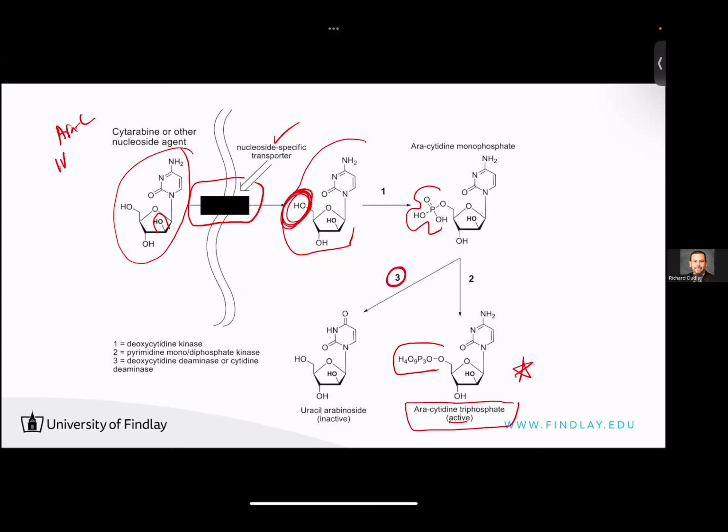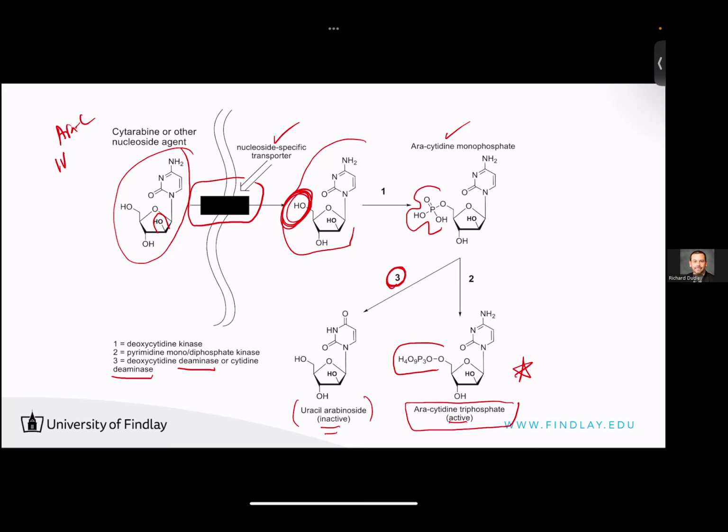Alternatively, there is one pathway that Ara-C can take. And if we allow this drug to have any affinity for deaminase enzymes, right? The deaminase enzyme can convert cytarabine into uracil arabinoside, which is otherwise inactive.